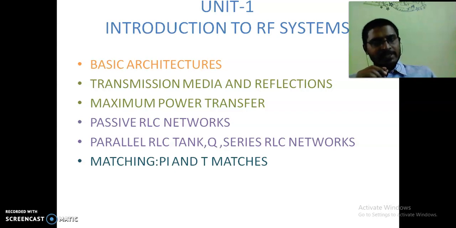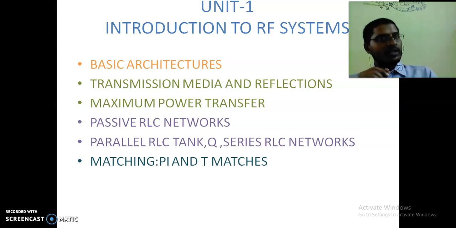A matching network is a network which matches the load impedance to the source impedance. While designing a matching network, we need to remember one very important point: we need to design it in such a way that it does not consume any power. That means the matching network must be a lossless network, designed using lossless elements.